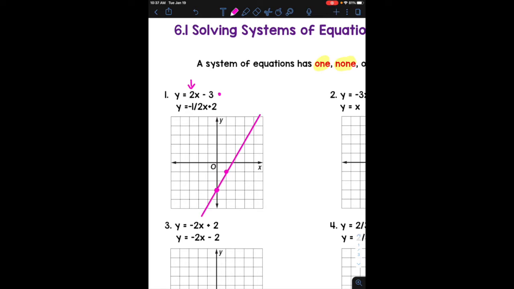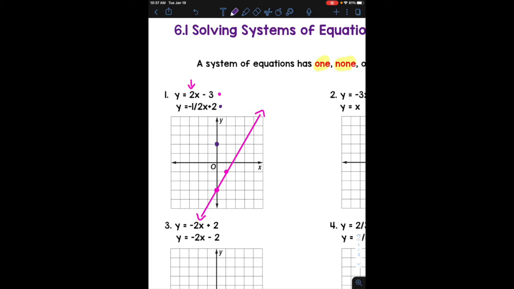You're going to want to graph the line for the entire coordinate plane as much as you can, the entire length. The second line I'm going to graph in a different color. I'm going to graph in purple so we could see the difference. This has a y-intercept of +2, so my first point will be on the y-axis at 2, and a slope of -1/2.